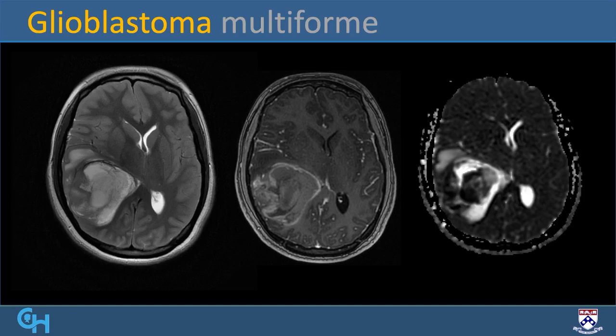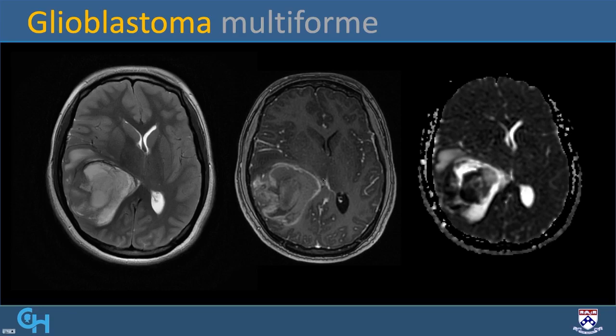And the hallmark of glioblastoma on imaging is usually a large mass which can span more than two lobes of the brain and has large necrotic components, which may be common and usually demonstrate very low ADC, demonstrating the increased cellularity of this tumor.